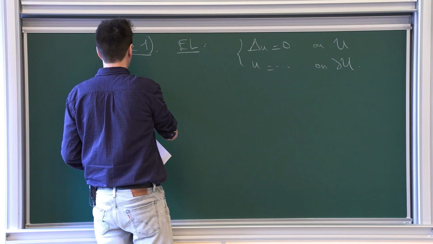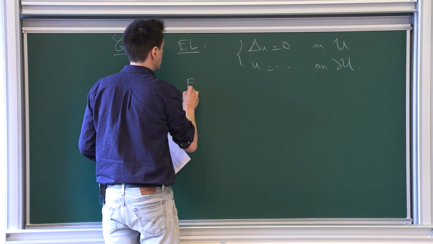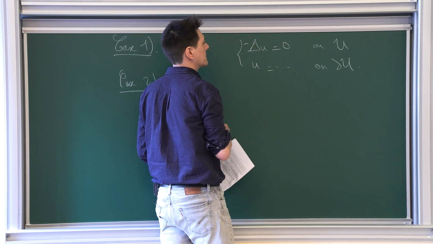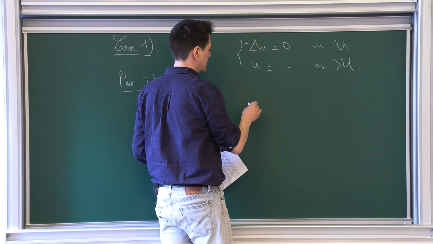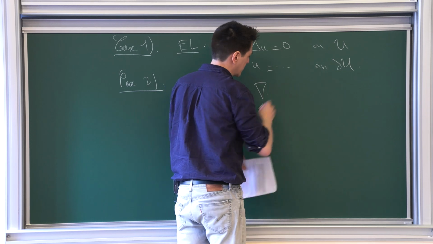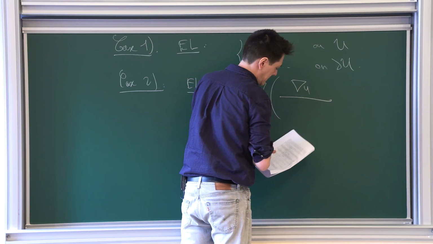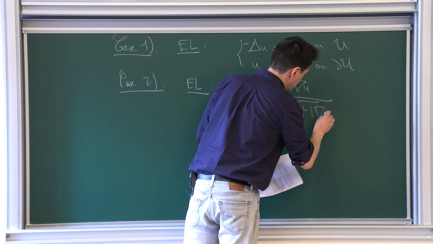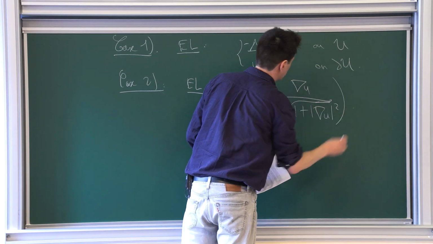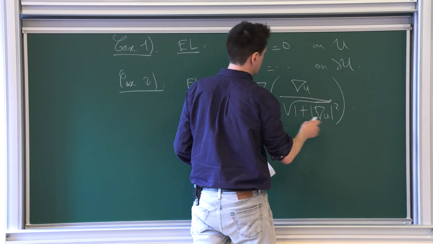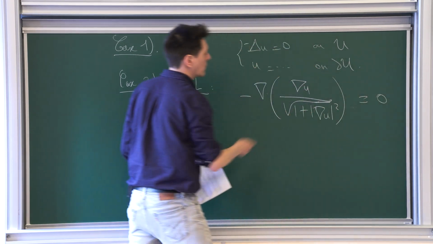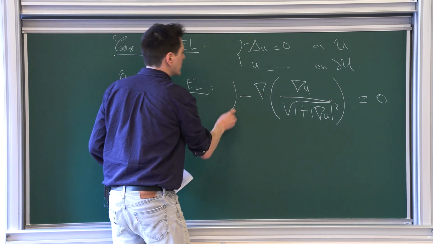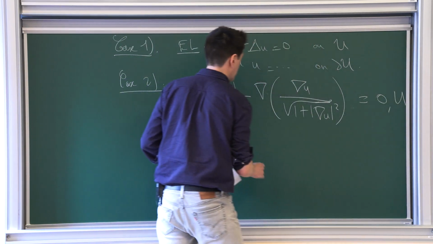And in case 2, you write down the Euler-Lagrange equation, and sometimes people prefer to put it with a minus to have a positive operator, and you get minus divergence of grad u over the surface element, the area element, again with certain boundary conditions.